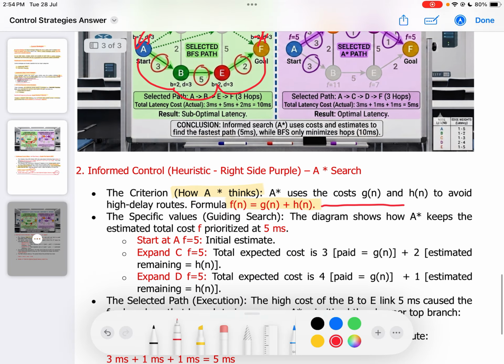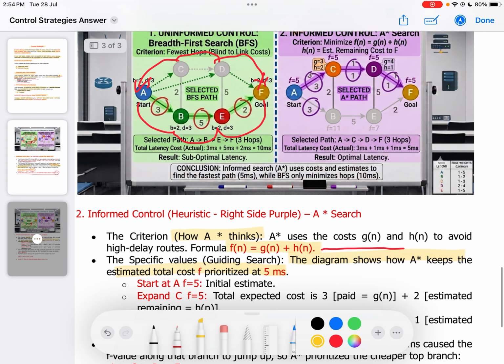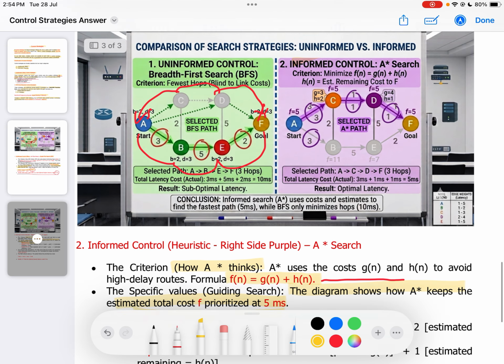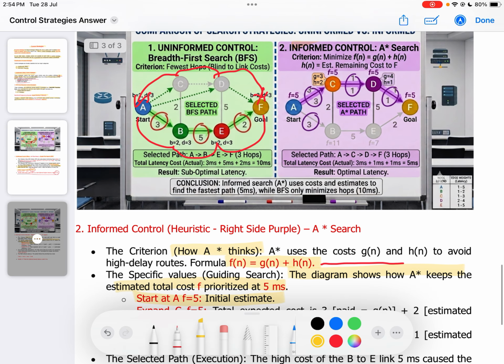Now let's look at how this works. The diagram shows the total cost is 5 milliseconds. The initial estimate is 5 milliseconds. From A to C is 3, then C to D is 1, then D to F is 1.